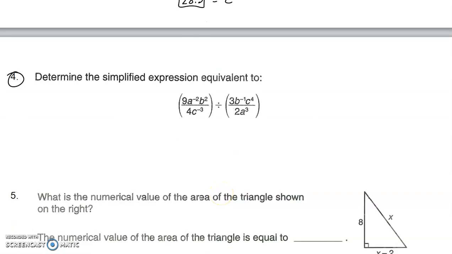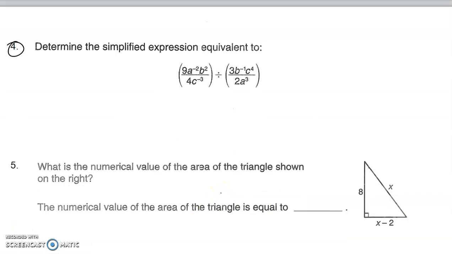Question 4 is dealing with exponents. Now, we haven't touched those for a while, so let's be careful. Step 1 is always get rid of the negatives, okay? And so negative exponents, remember the power is the only thing that's affected by that negative exponent. So when we're working this out, the first thing I'm going to do is rewrite this as 9b squared on the top with a c cubed that moves up, and the 4a squared now on the bottom.